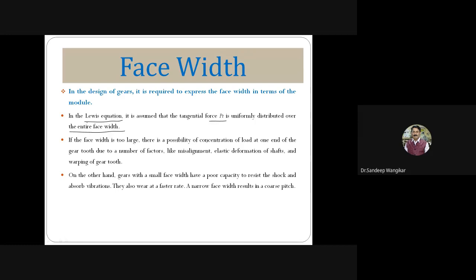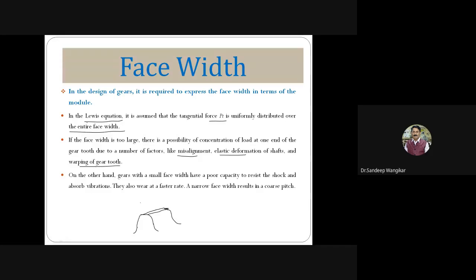There is a possibility of concentration of load at one end of the gear tooth due to a number of factors like misalignment, elastic deformation and warping of the gear tooth. For example, this is a gear tooth.